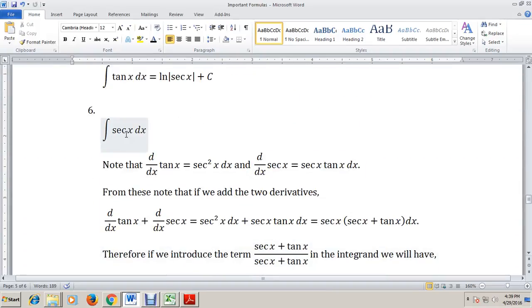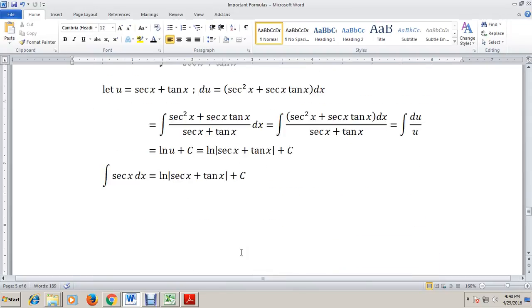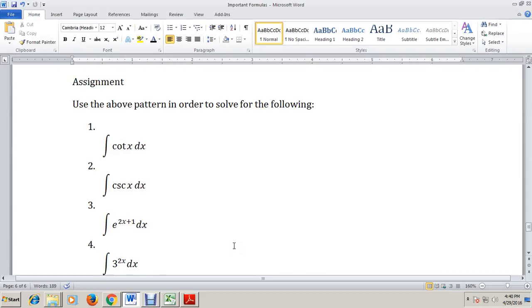As for the integral of secant, you could replace this with the integral of cosecant x, and take note that the derivative of cotangent is negative cosecant square. The derivative of cosecant x is negative cosecant x cotangent x. Then you introduce the terms that should be introduced, and so on. Okay, so this is your assignment.